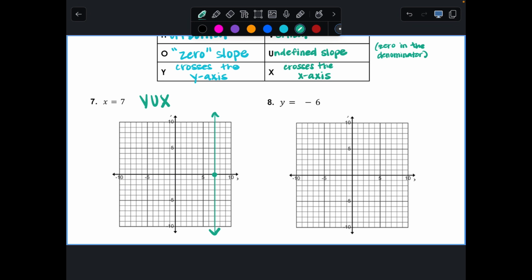Number 8, y equals -6. This one is a HOY. That's a horizontal line crossing the y-axis at -6. Again, you only need to plot 1 point. Draw your horizontal line. So that's what you're doing in the practice today.